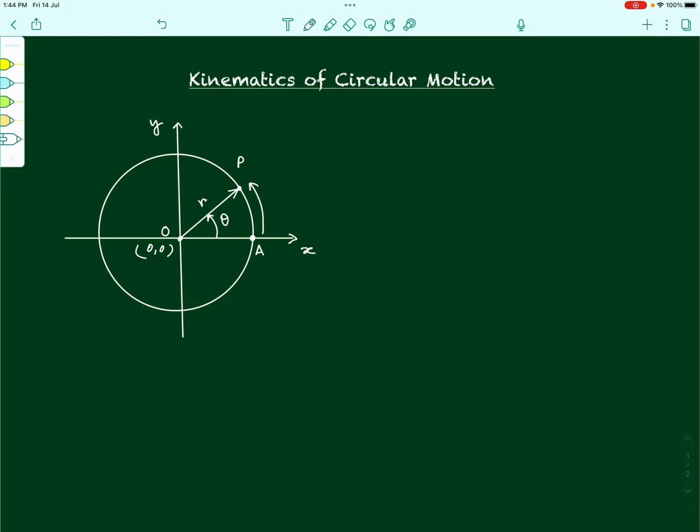In that case, we call this angle theta the angular displacement of the body, which by convention is always measured in the anti-clockwise direction. So, we start from the positive x axis and we go anti-clockwise to measure the angle theta. Understand that vector r here can be called the radius vector or the position vector of the particle.